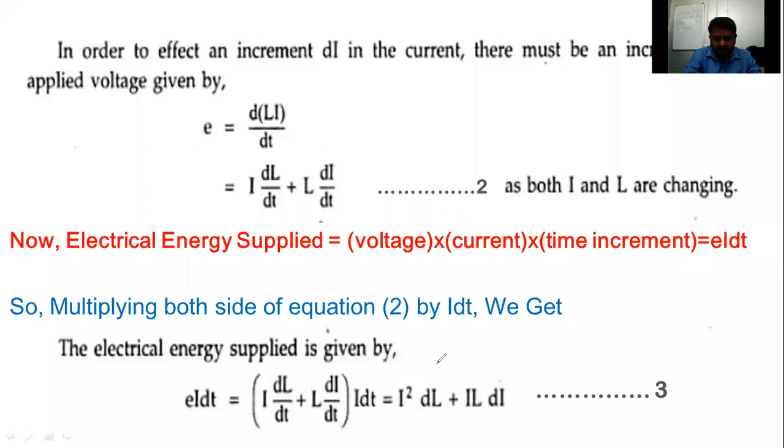Listen carefully: I squared I will write as it is. Here dL/dt into dt, the dt gets cancelled. So the term left is I squared dL.